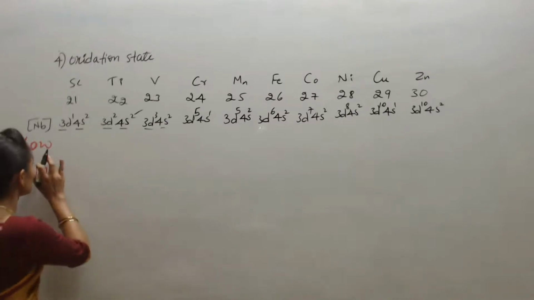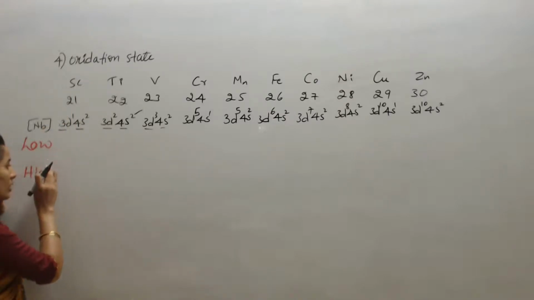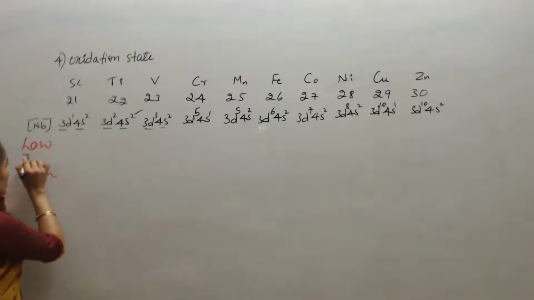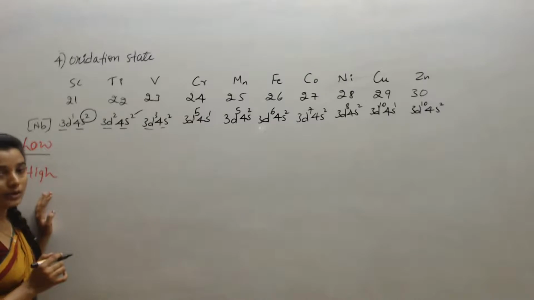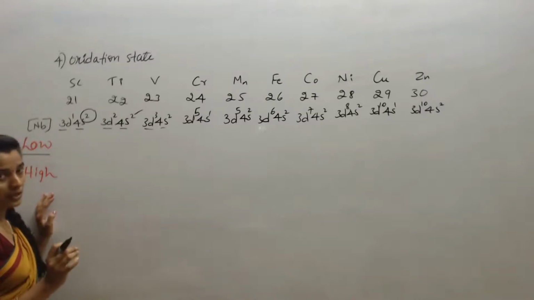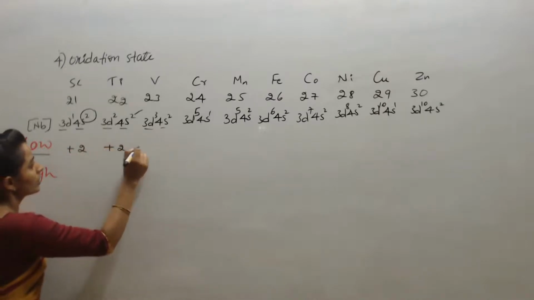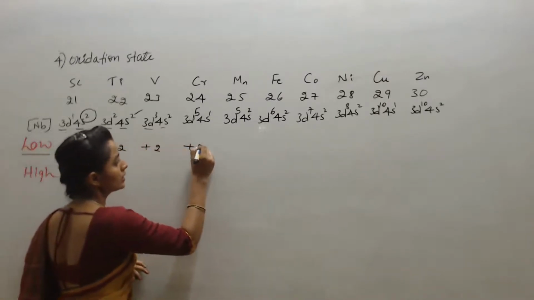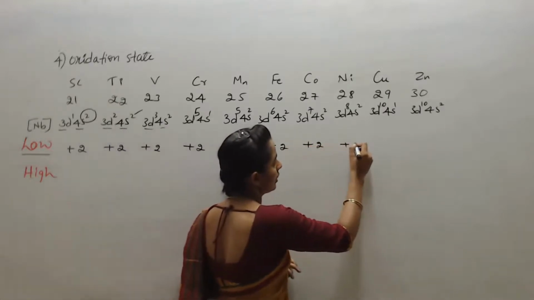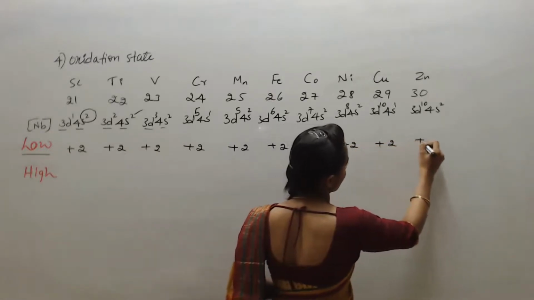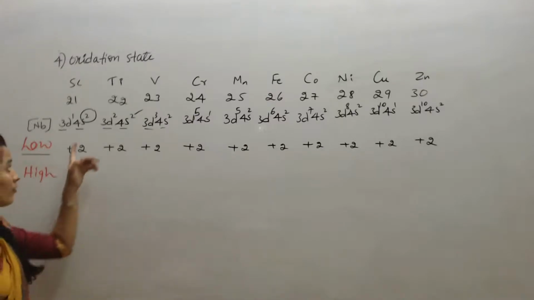So D block elements, as I told you, show two types of oxidation: one is lower, another one is higher. This low oxidation state is shown by the removal of two electrons which are in the S subshell, means valence subshell. So the lower oxidation state of all the metals in D block is +2. That is because of the removal of electrons from the valence shell.